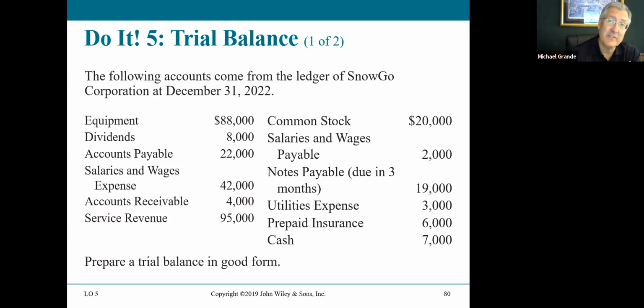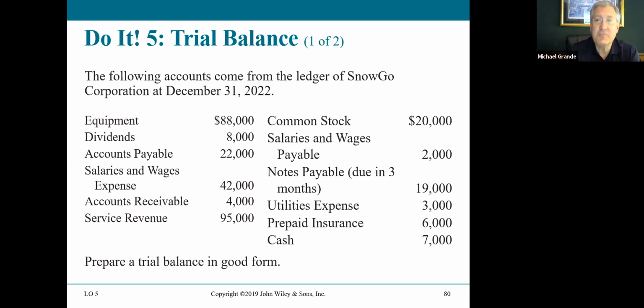Is the normal balance a debit or a credit? Let's look at some of these. Equipment, it's an asset account, has a normal debit balance, so that's going to be a debit. Dividends, normal debit balance, that belongs on the debit side. Accounts payable is a liability, an obligation to pay, has a normal credit balance.